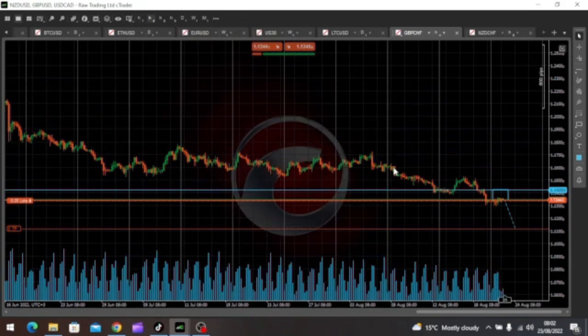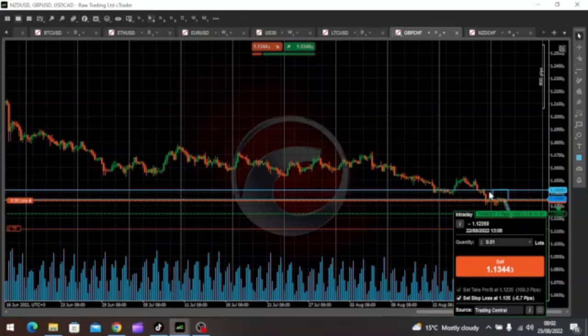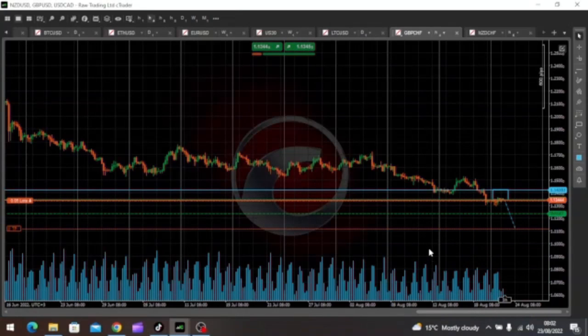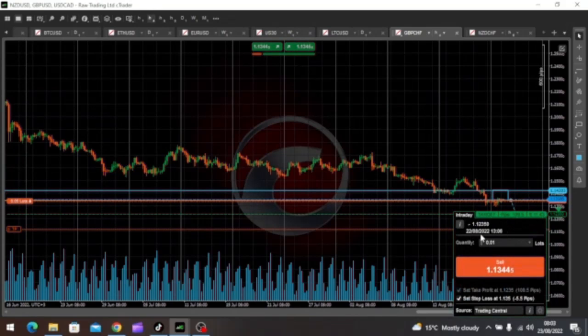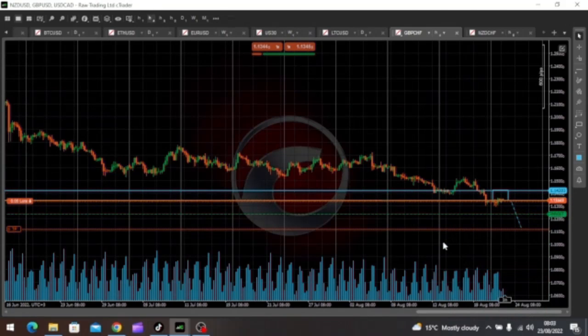However, the bias for this trade is a sell for this week, and this is one of my main trades for the week, because this trade has this move to the downside up to the 1.112 area. So the British pound versus the Swiss franc is a strong bearish sell, still consolidating, but this is a sell that will get us to the 1.11201 area. So guys, if you want to jump into one of the trades that has a strong potential for this week, a quick setup, this is one of those quick setups.